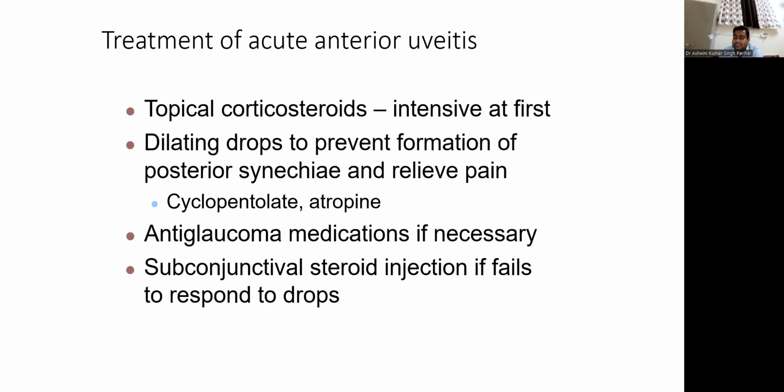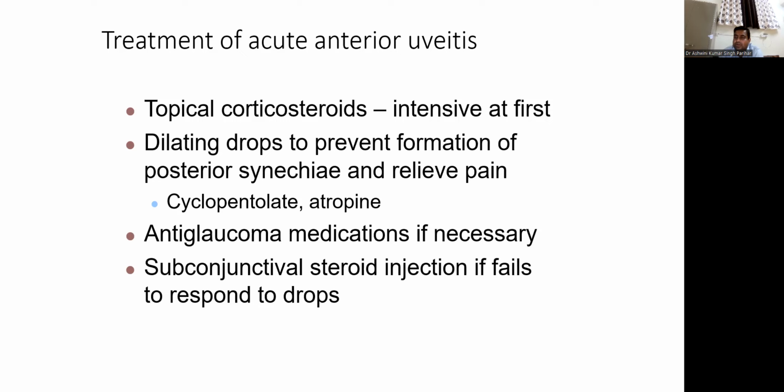And along with the steroids, look at the pain, which is usually due to cyclospasm. Dilating or mydriatic drops are used to prevent the formation of posterior synechiae and relieve the pain of cyclospasm. So cyclopentolate or atropine 1% TDS or homatropine TDS frequency can be used, which will lead to dilatation.